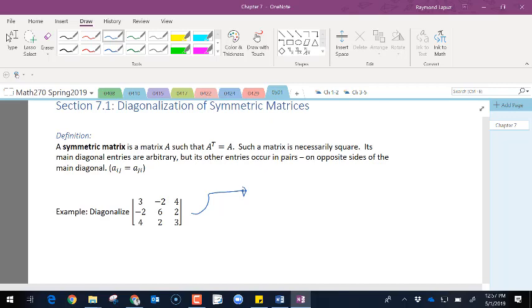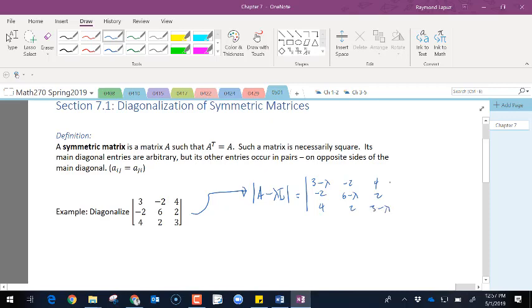Oh, remember lambda? So we're going to do the A minus lambda I business, determinant. So the determinant of the matrix: 3 minus lambda, 2, 4; 2, 6 minus lambda, 2; 4, 2, and 3 minus lambda.